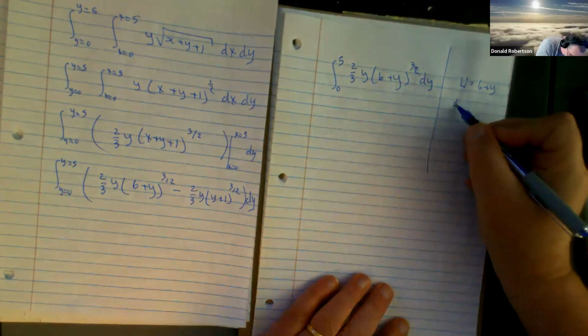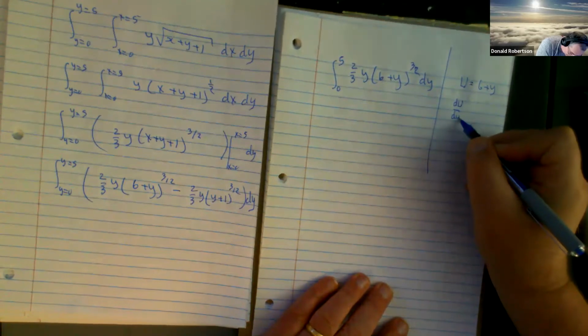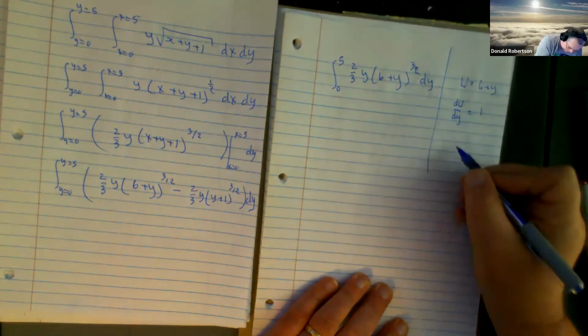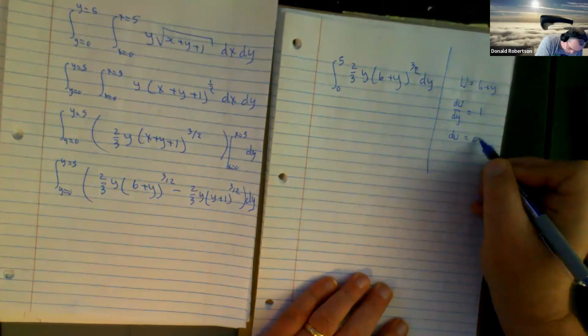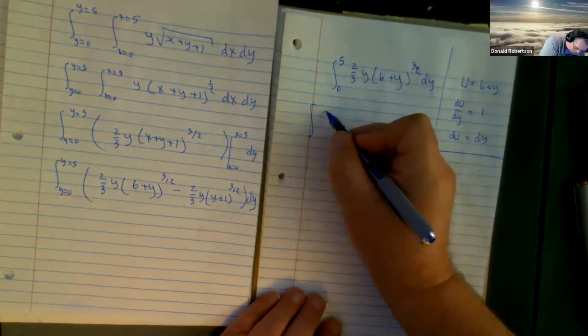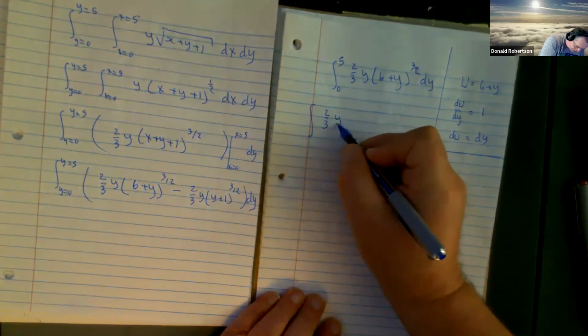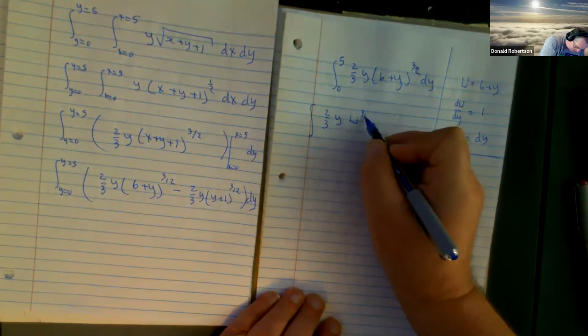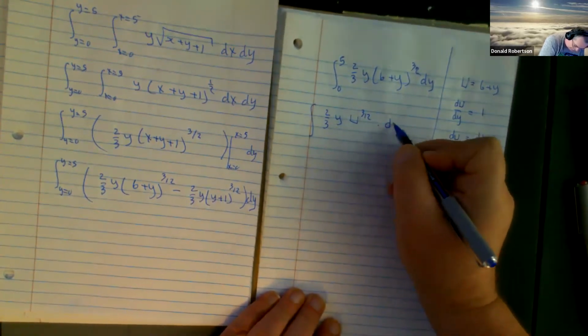Now, if you differentiate with respect to y, you're going to get 1. So that means du is equal to dy. That's good. So we're going to get an integral of 2/3 y u to the 3/2 times du.